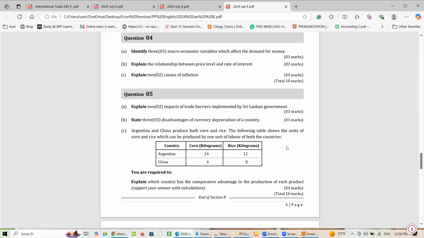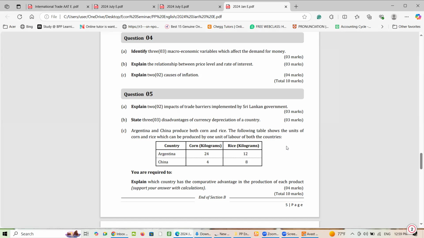It doesn't have absolute advantage, right? Just assume that Argentina has absolute advantage for corn production, China has absolute advantage for rice production, then they involve in the international trade. But how do they organize? What product are they going to export and what product are they going to import?